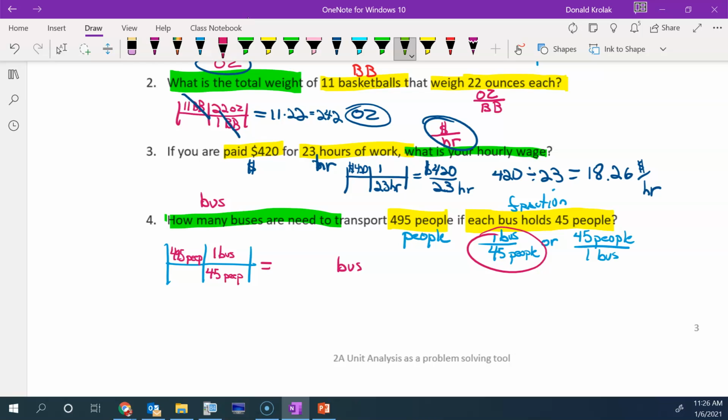And now the word people is gone, which is what I want. So to solve this, I end up doing division. Okay, and that ends up being 495 divided by 45, 11 buses.